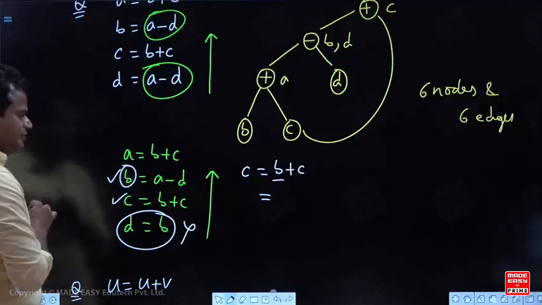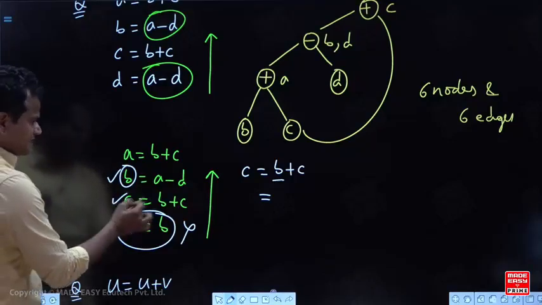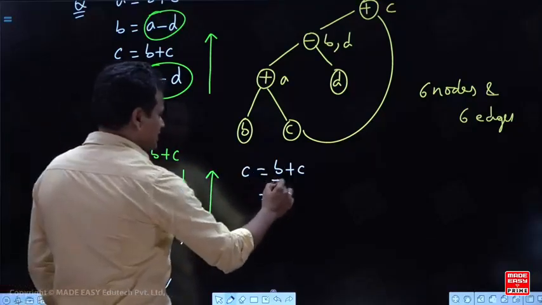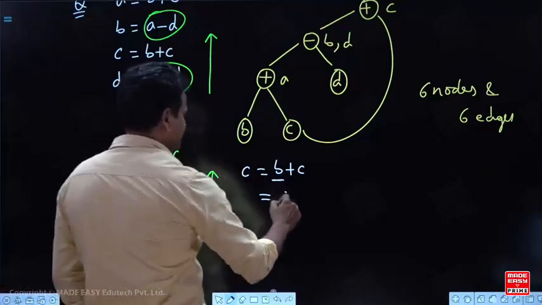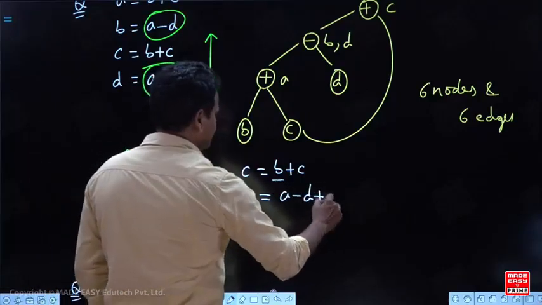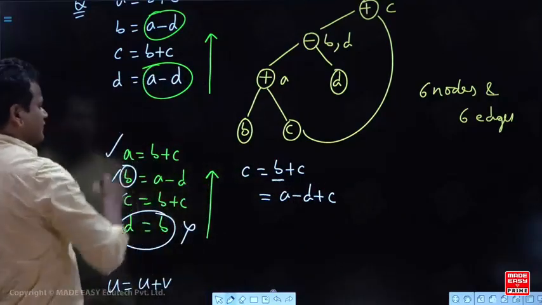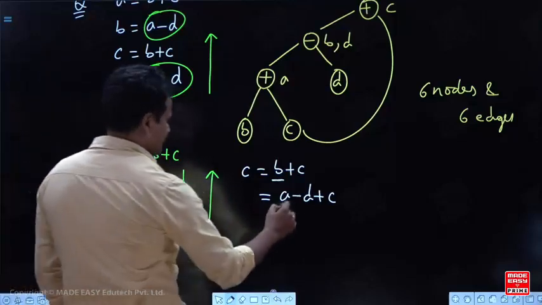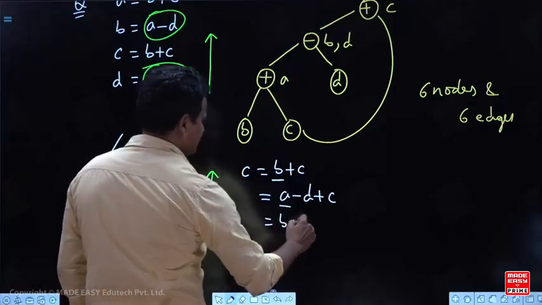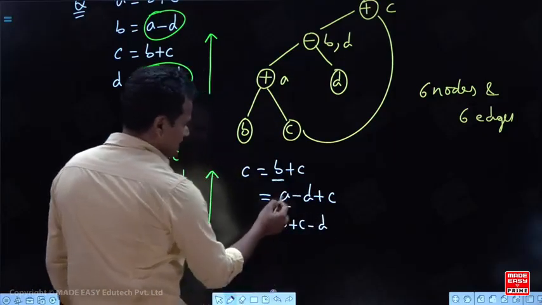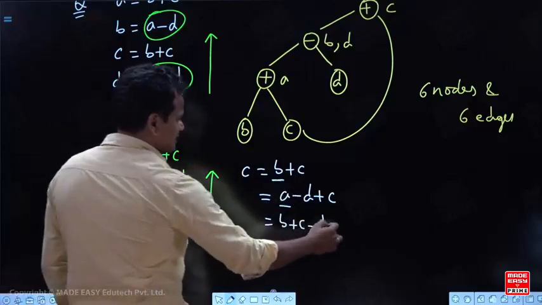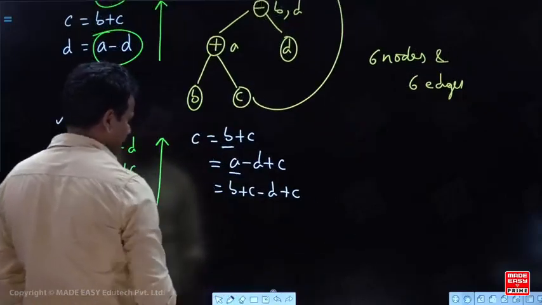Here B we have. Now next C, C equal to B plus C. And what is B? B is A minus D. Okay, this is done. Then go for the next one. What is A? B plus C minus D, then plus C. Now take this one.